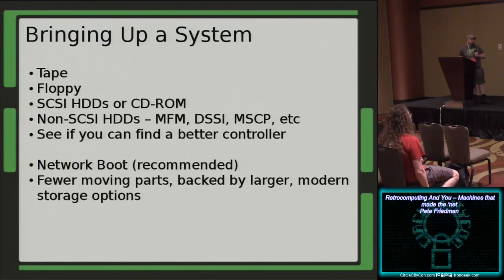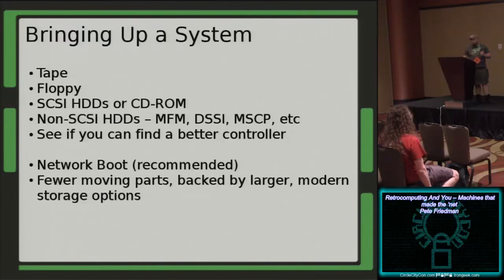There's also SCSI CD-ROMs, although there's some weirdness that you have to be aware of. They're not all identical. There's a variety of different types of SCSI, and they're not all cross-compatible, as well as some proprietary ones. Digital Equipment Corporation CD-ROM drives will not work in Sun Microsystems machines for the most part. Just something to be aware of.